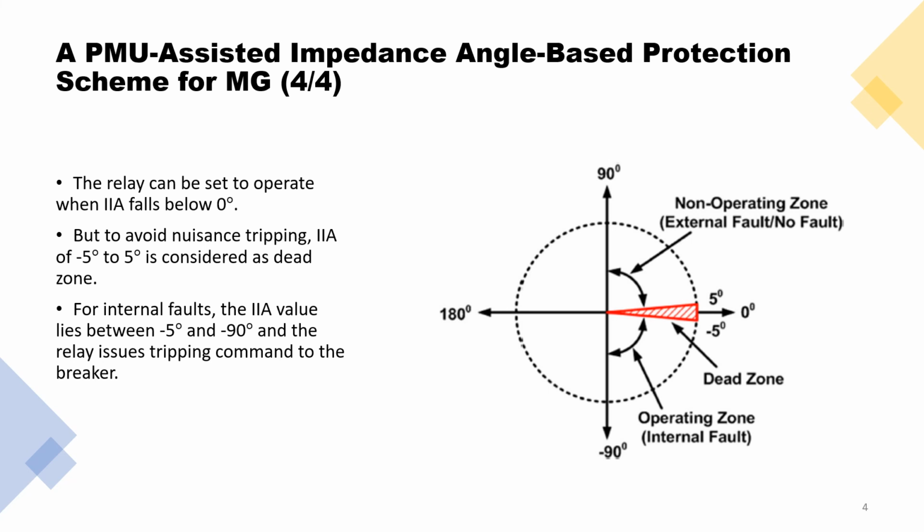So this red region is considered the dead zone, and even if the angle is like -4 degrees, we do not want the relay to operate, based on extensive experiments done by the authors. For internal faults, the IIA values lie between -5 degrees and -90 degrees. This range indicates an internal fault, and the relay issues a tripping command to the breaker.